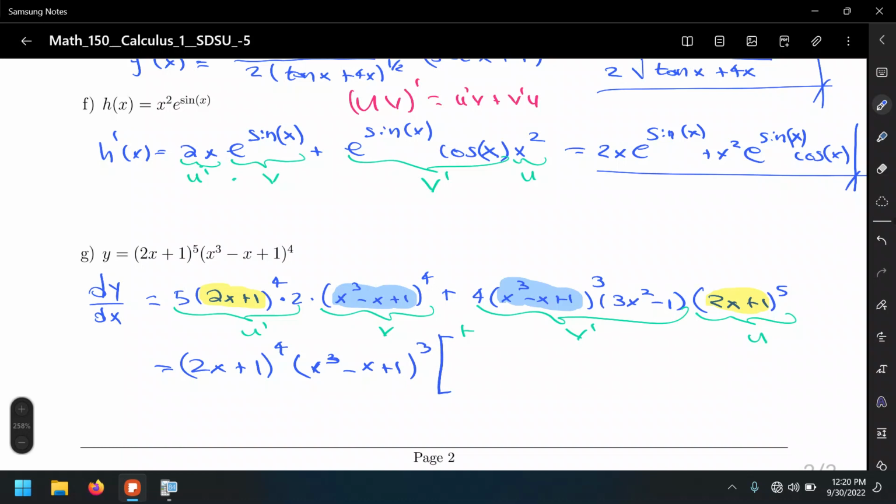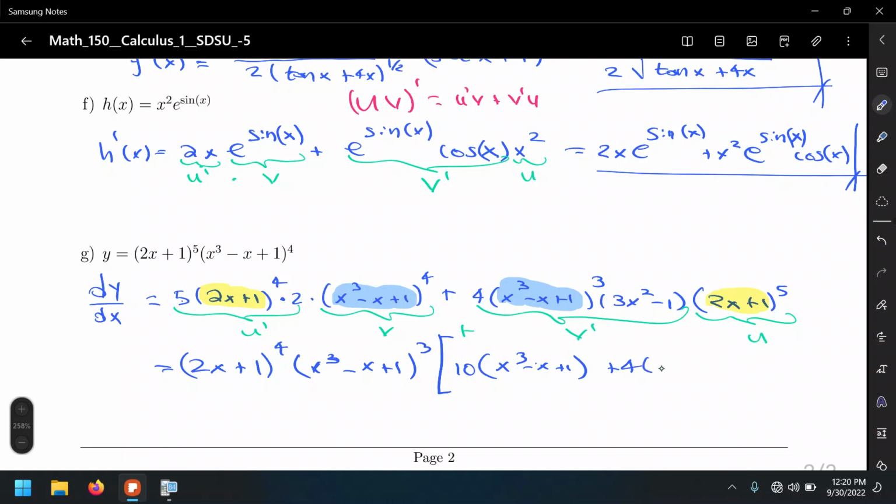Okay, I'm going to open brackets and write down whatever we were left with. So we were left with the product between 5 and 2, which is 10, and because we factored 3 powers of this, we're left with 1, plus 4. And in this case, we factor the 3 powers of this trinomial, so we don't need to write any powers of the trinomial, so that's fine.